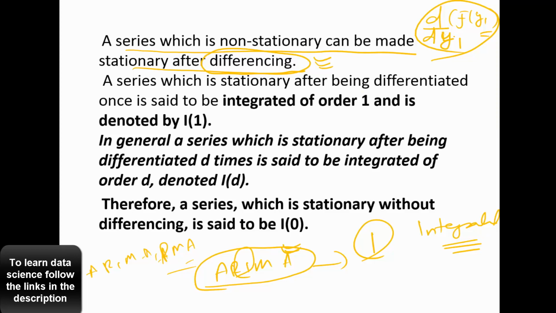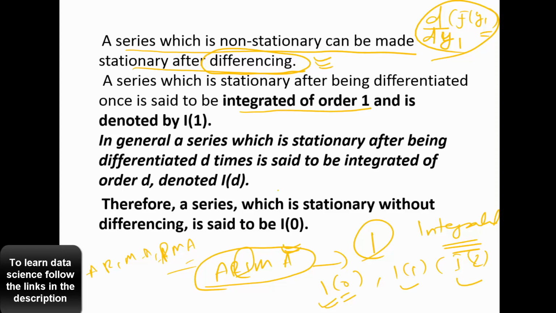If we're differencing once, we call it an integrated 1 series. If you're differencing twice, then it is an integrated 2 series, and so on. So I0, I1, I2. If you are not doing any differencing, it's already stationary, then it's an I0 process. If it is differenced once, then it's I1, else it's I2, and so on.